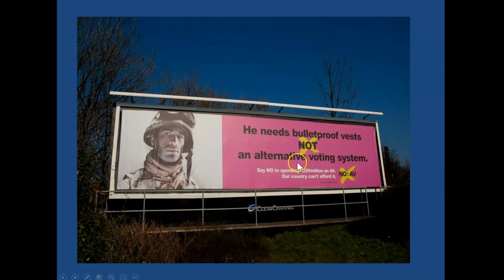Either fund this alternative voting system or fund bulletproof vests, but you can't have both, right? And certainly you can have both. You have to make decisions. But see how persuasive that can be? Like, if you choose this system, then you're denying this person bulletproof vests, which then means you are unpatriotic, right?